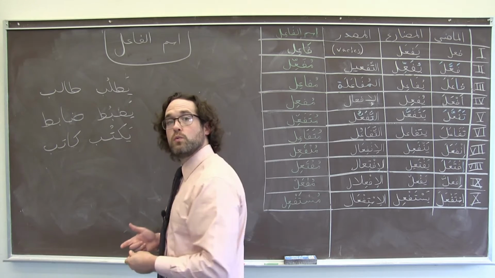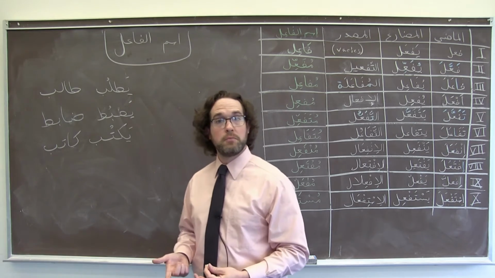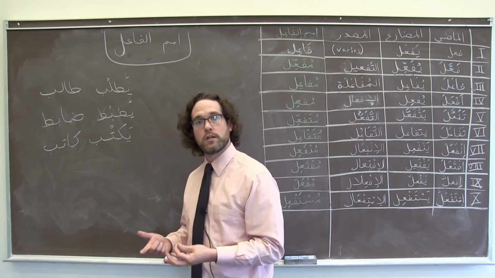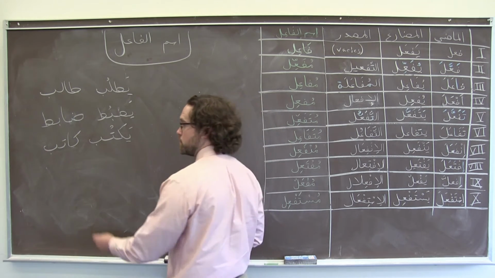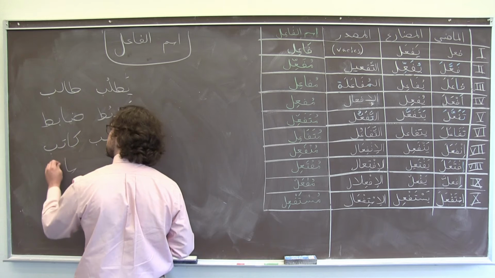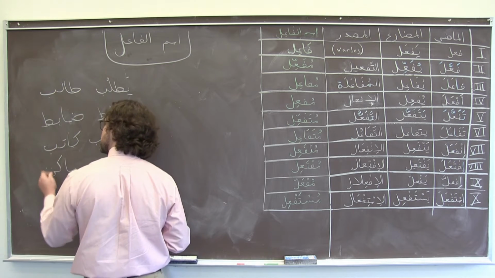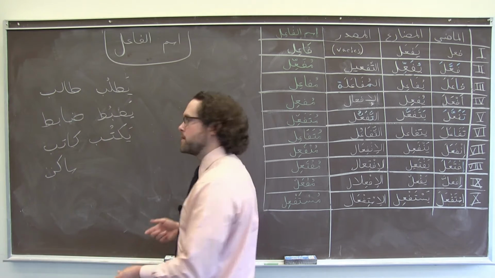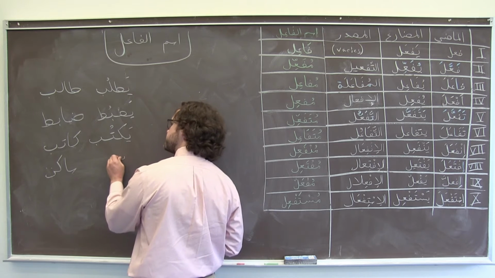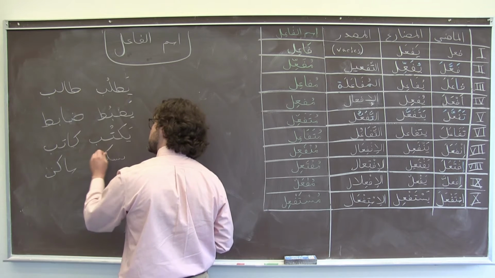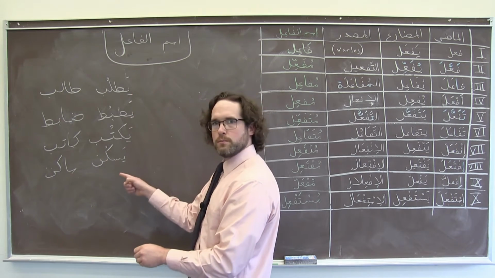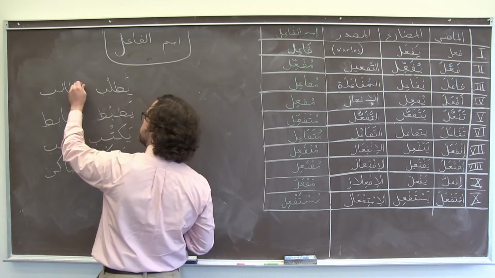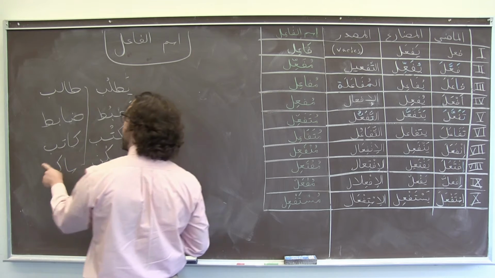And if you were saying, I live in such and such a place, you might say, أنا ساكن في, wherever it might be, from the verb يسكن. All of these are Form 1 verbs, and all of these are Form 1 asma fa'il.